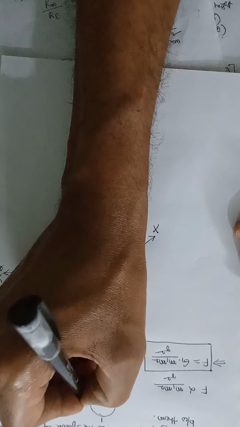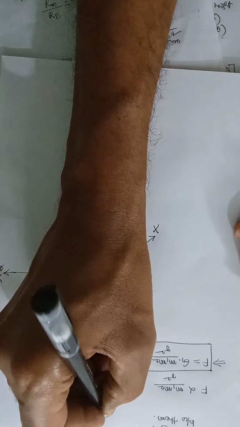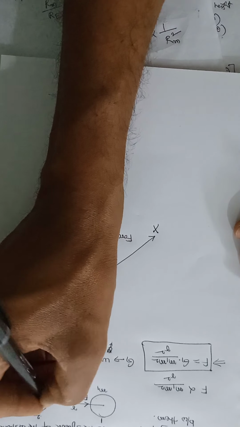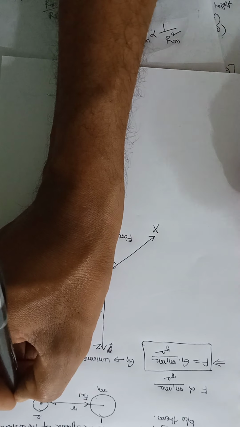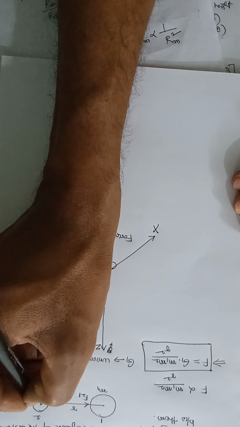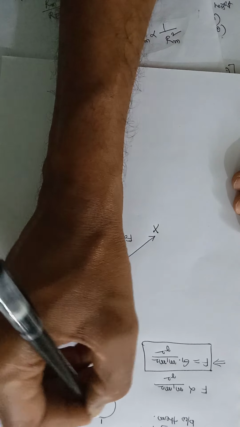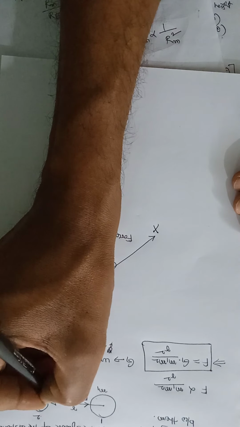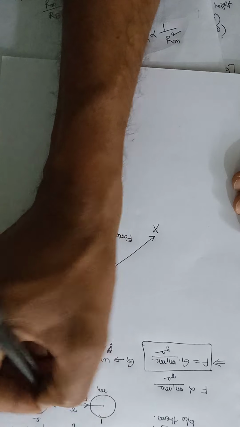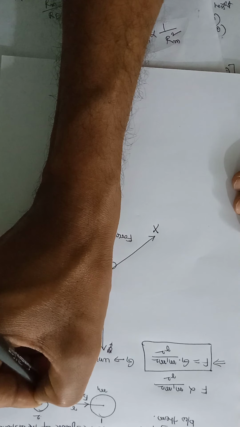Force on 2 by 1, and in this direction, this is pulling this body, exerting a pulling force, so force on 1 by 2.